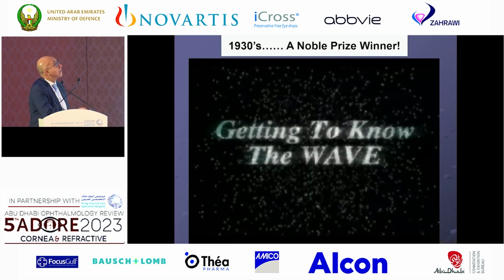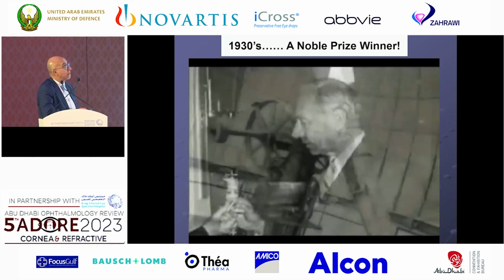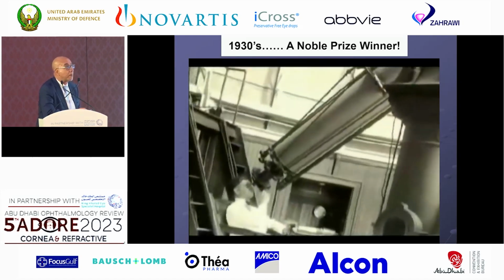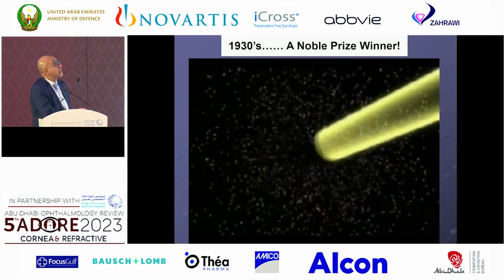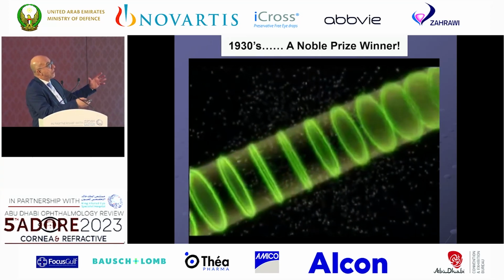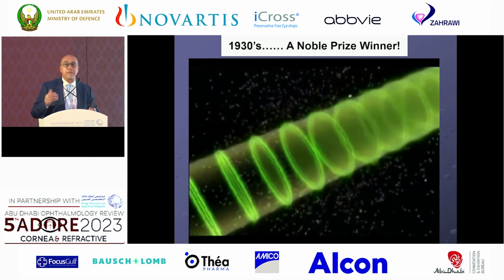Back in the 30s, this genius man, Zernike, received the Nobel Prize for his genuine work describing light as it passes through huge telescopes and the distortion that light suffers.